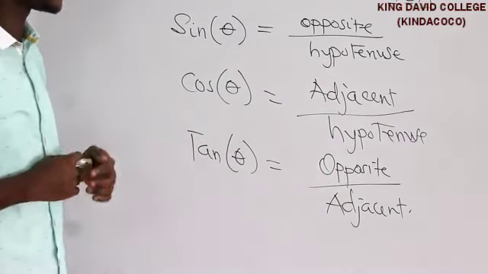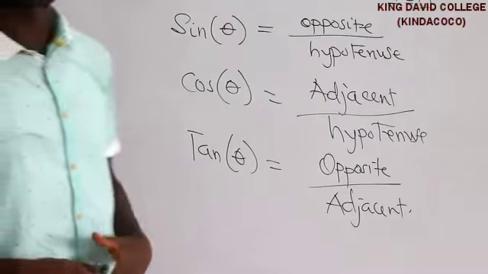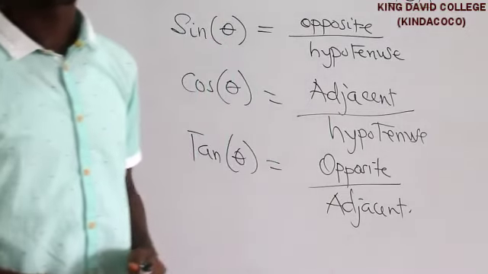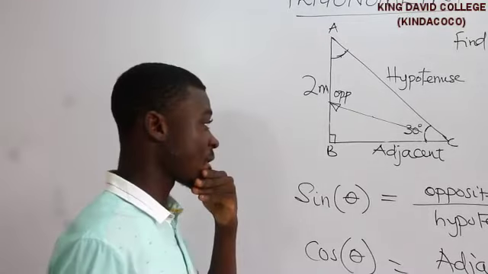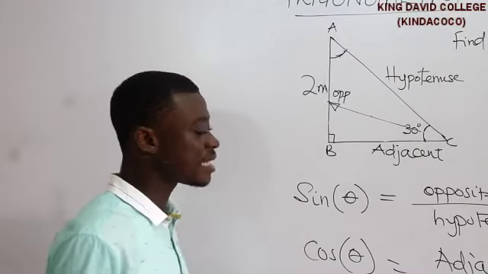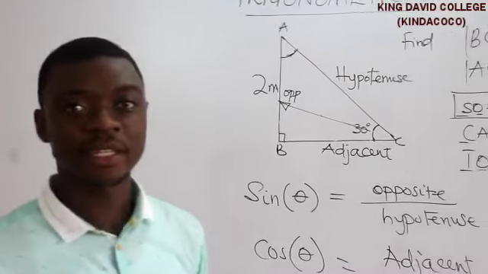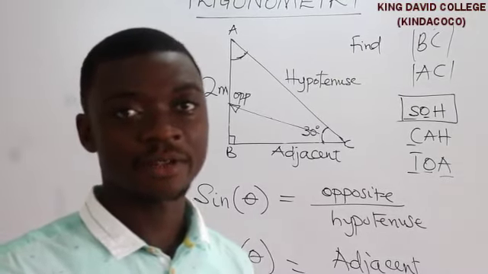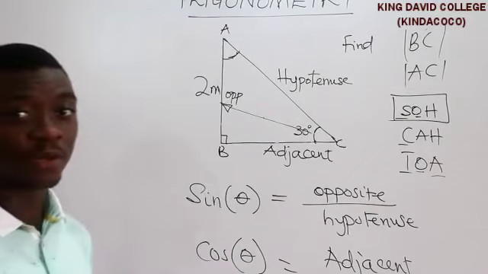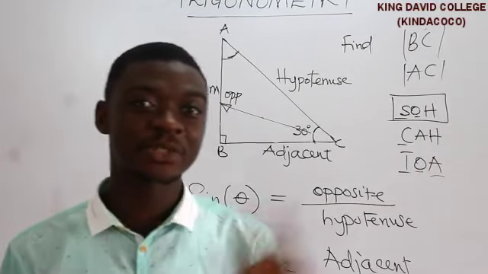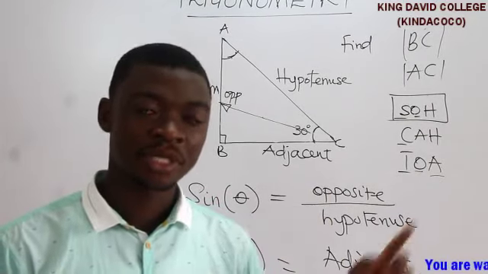Anytime you are given an angle with one of the sides known, you are at liberty to choose any of these three to work with. But depending on the question, you can be limited in the choices you make.